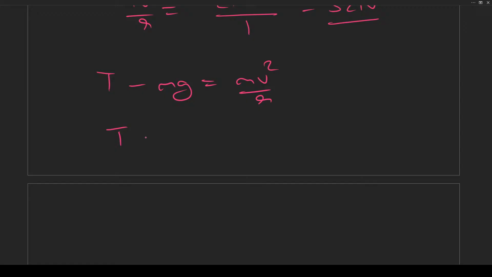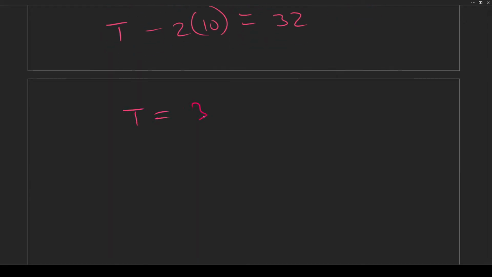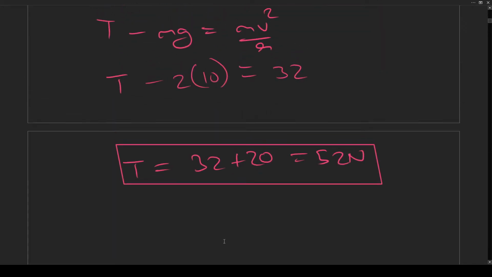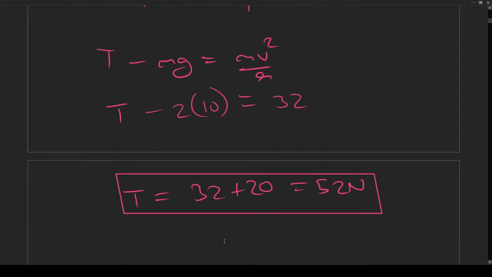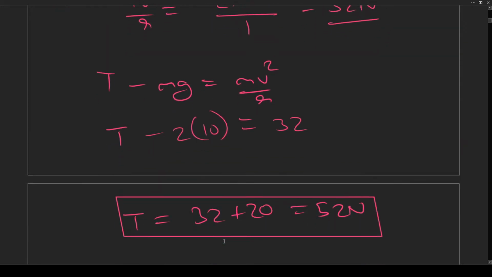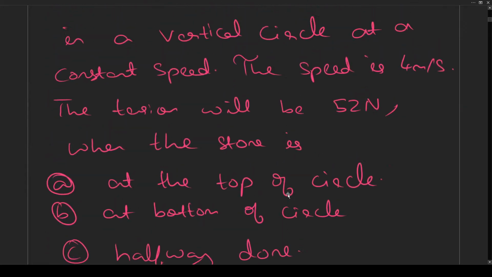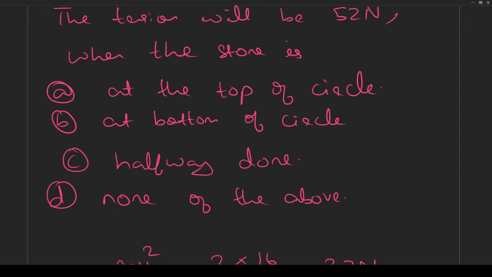So tension is equal to 32 plus 20, and this is at the lower position, because at the upper position there won't be tension in the string, only gravity will act as the force. So 52 Newton we will get at the bottom of the circle.